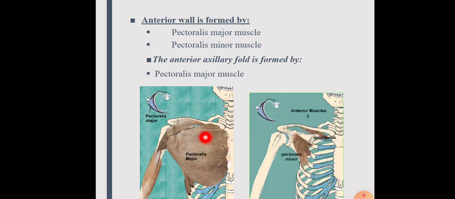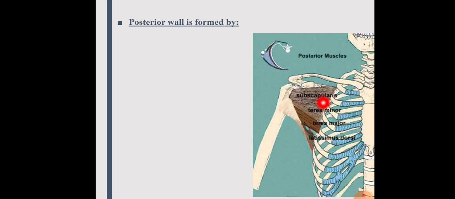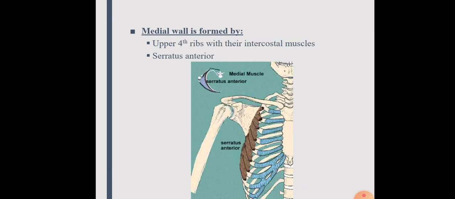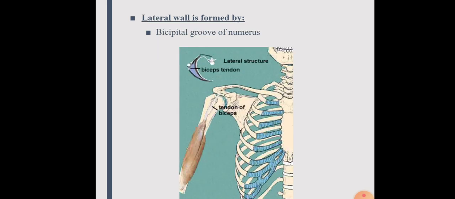The anterior wall is formed by pectoralis major and pectoralis minor. The posterior wall is formed by subscapularis, teres major, latissimus dorsi, and scapula. The medial wall is formed by the upper four ribs, intercostal muscles, and serratus anterior. The lateral wall is formed by the bicipital groove.